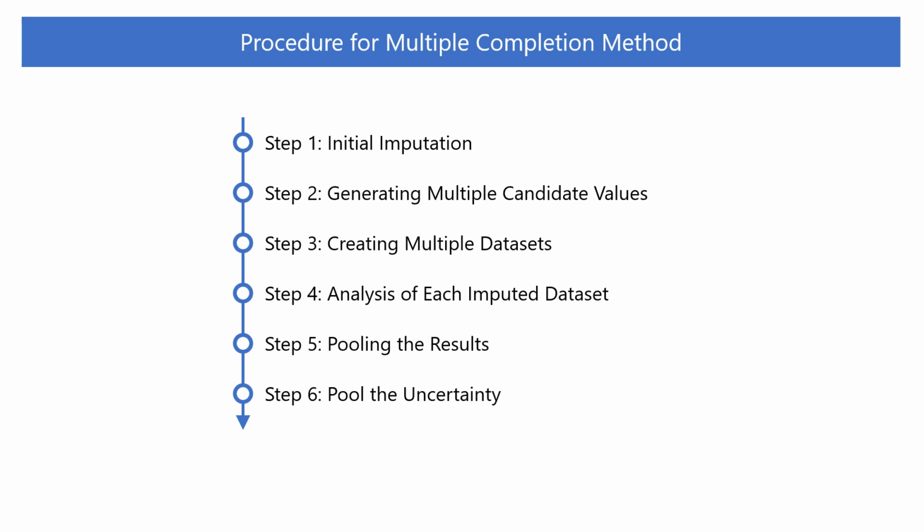In step 4, perform analysis for each dataset. In step 5, average the analysis results. In step 6, integrate the uncertainty associated with the missing data imputation. In the following, I will explain each step in detail.